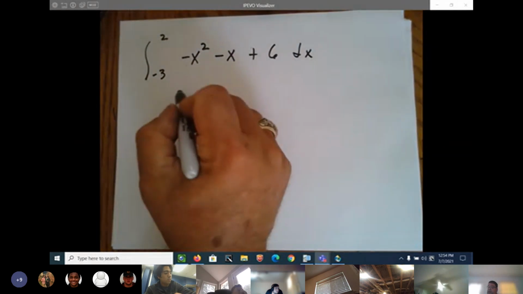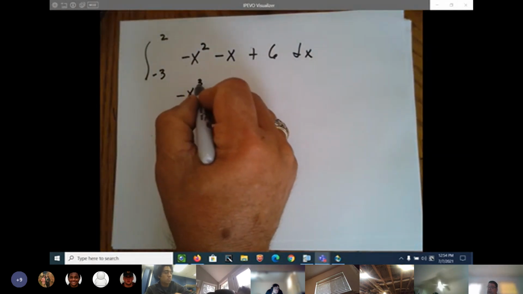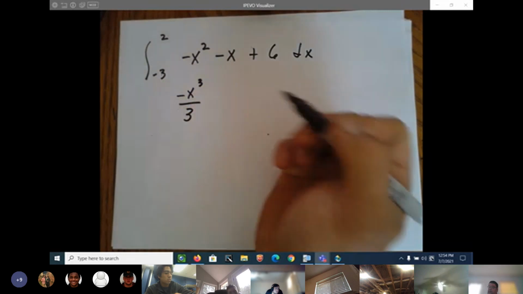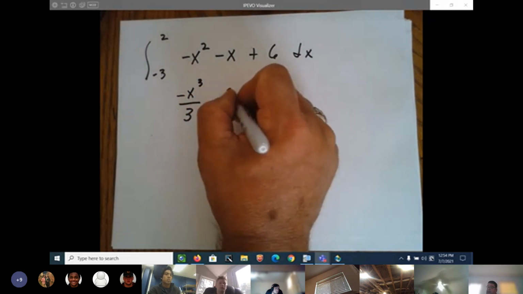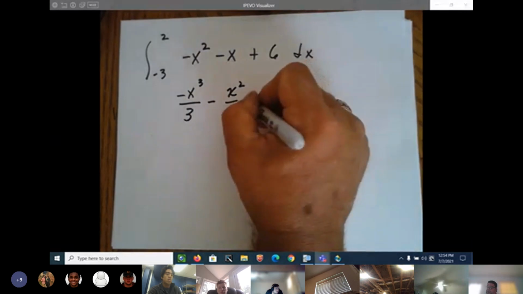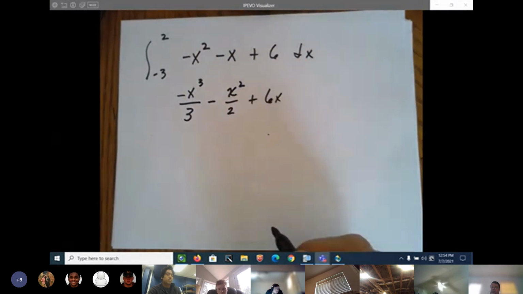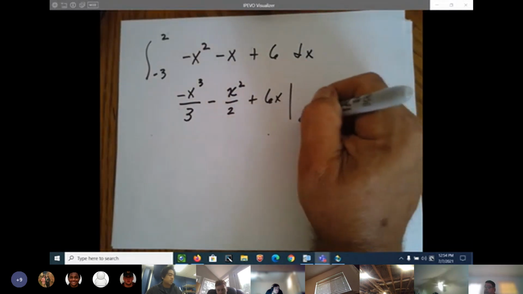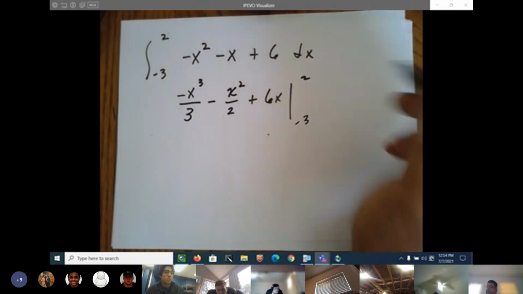And that's going to give me negative x cubed divided by 3 minus x squared divided by 2 plus 6x, evaluated at negative 3 and 2.